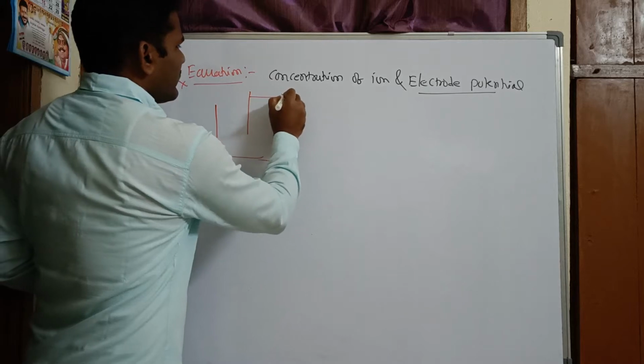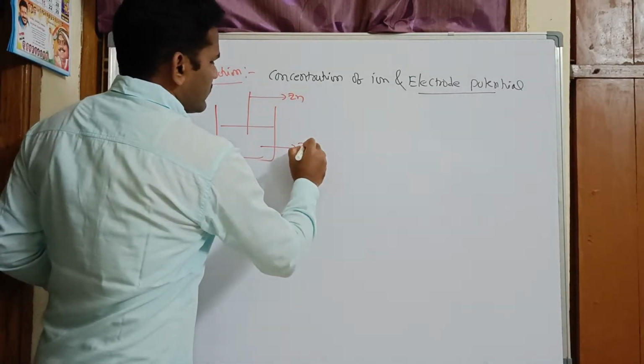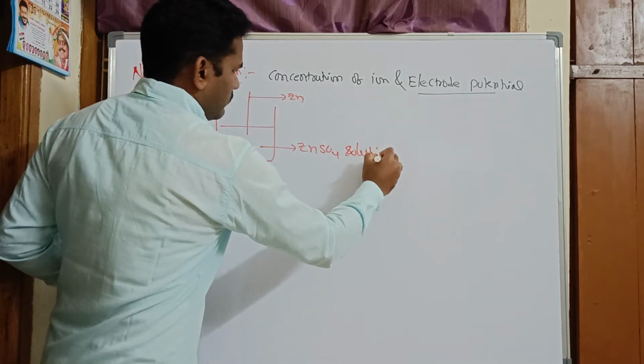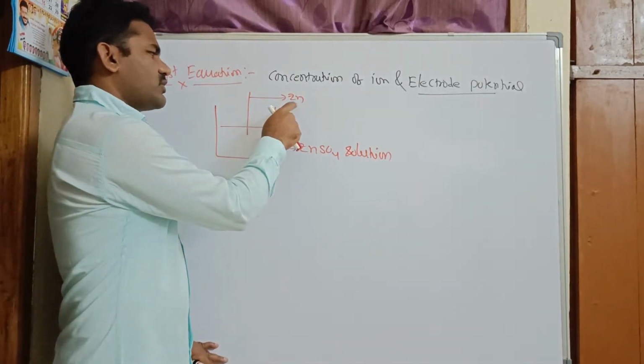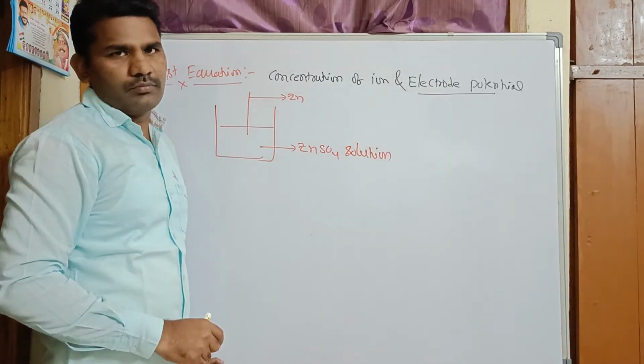If I take a zinc rod and place that zinc rod in zinc sulphate solution, then electron transfer takes place from the zinc rod to the zinc sulphate solution.